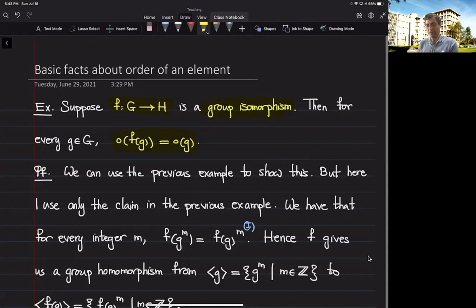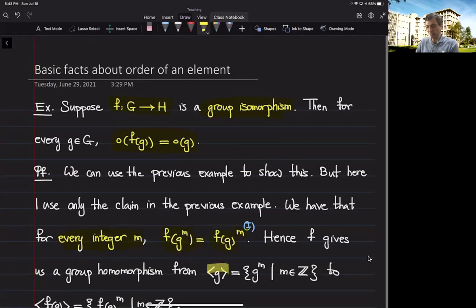Okay, so what do we know? By the claim that we proved in the previous example, f of g raised to power m is f of g to the power m for every integer m. Now remember, these are elements inside the cyclic group generated by g.